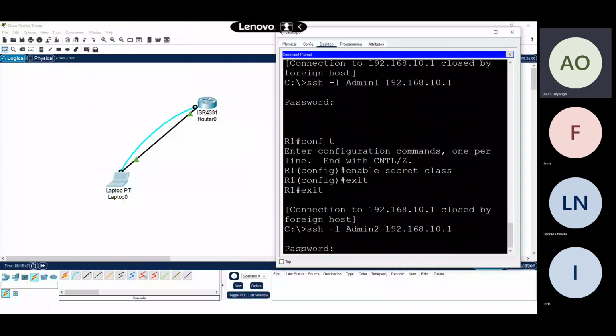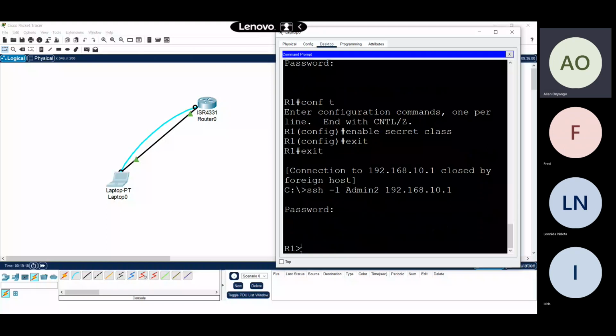When I press enter, I need the password for admin2. The privilege for admin2 was privilege 0, and admin1 was privilege 15. With admin1, when you put the password, it took us to the privilege exec mode where we didn't need to put a second password. For here, I can put admin2per55. Look at where we are taken.